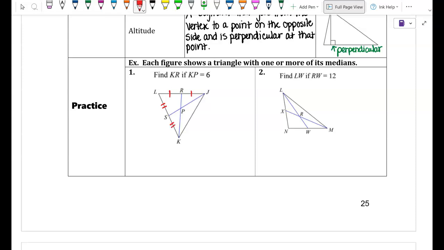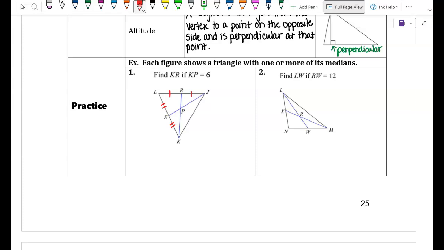And you notice for LR and RJ, I used one hash mark each. For LS and SK, I used two because those are two different sets of congruent parts in this triangle. I can't use just one hash mark on all of them, because that would be saying that they were all equal to each other, and that is not the case.